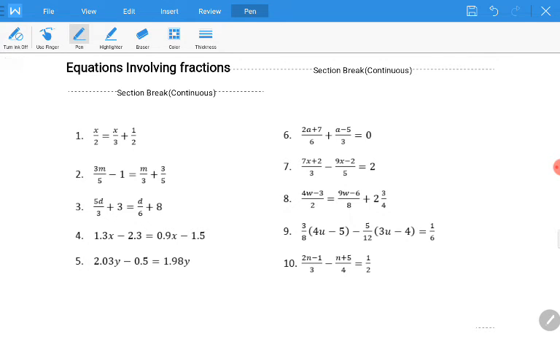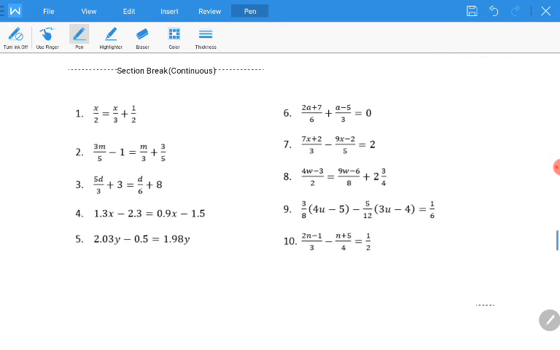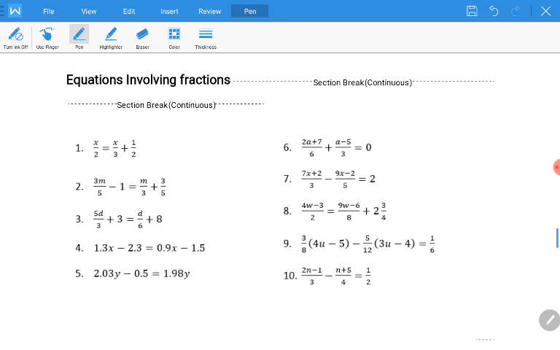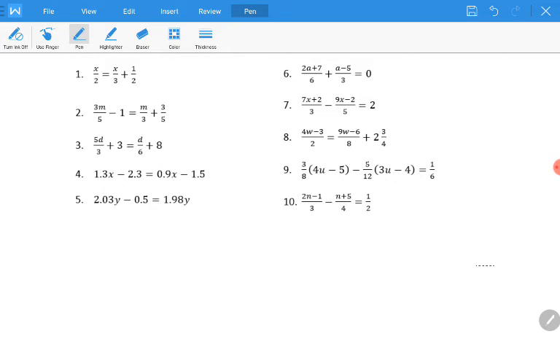Now we are going to look at the last section, which are equations involving fractions. Let's look at question number 1. Question number 1 is saying x over 2 is equals to x over 3 plus 1 over 2. We have already touched on this concept here.